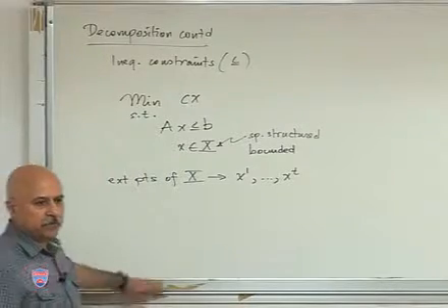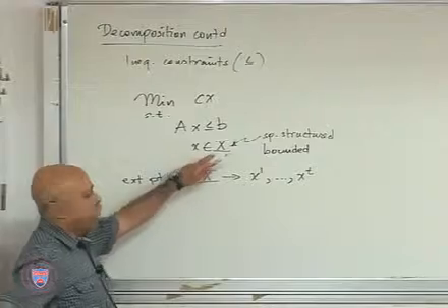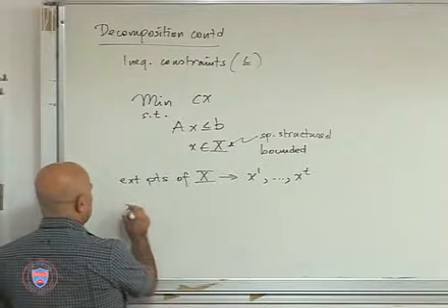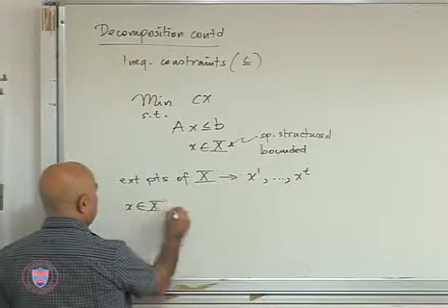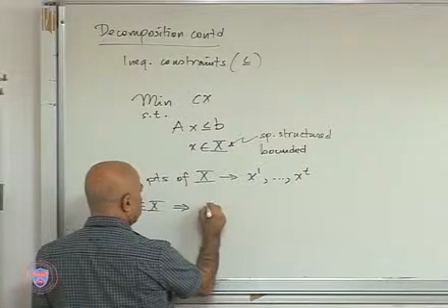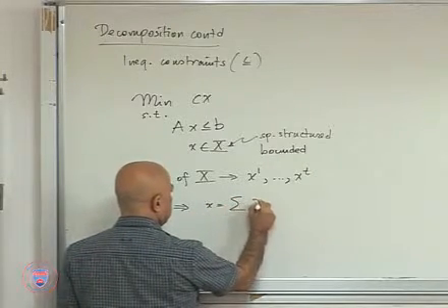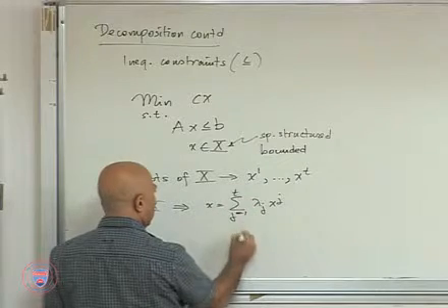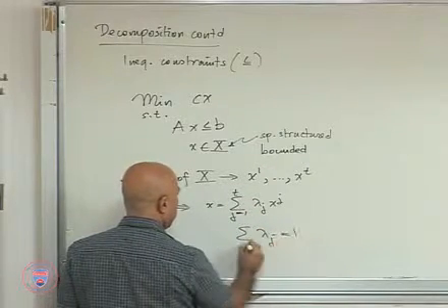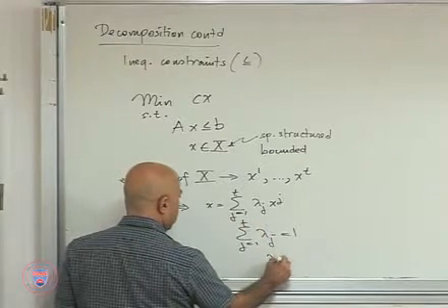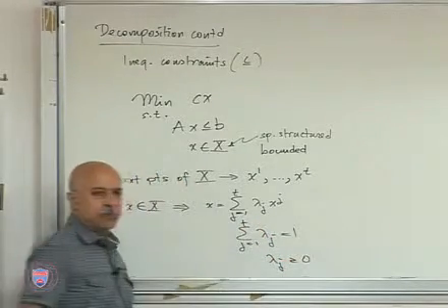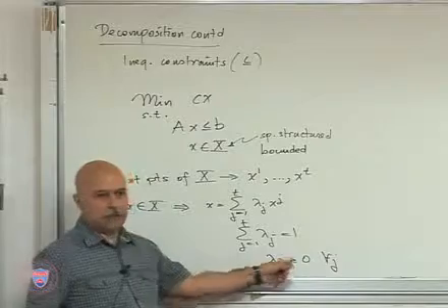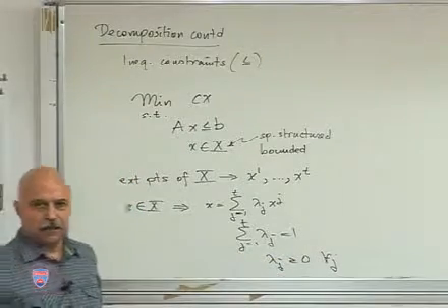So a convex combination of these extreme points will give you any point inside capital X. And we represent any such x in X as a convex combination of these points using multipliers lambda j, where lambdas add up to 1, and each lambda is a number between 0 and 1. Since the summation is equal to 1, non-negativity is enough here. They are necessarily less than or equal to 1.